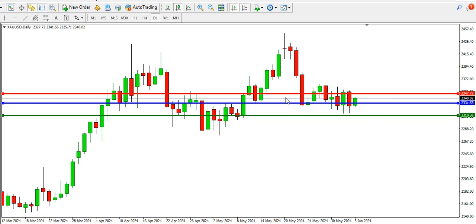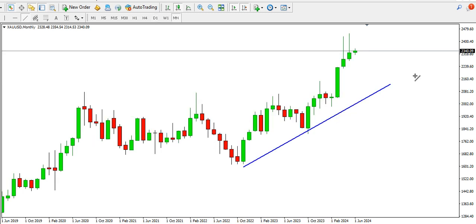Let's quickly take a look at what's been happening on the monthly time frame. Monthly time frame remains bullish. With the look of things, we might see price going back up.